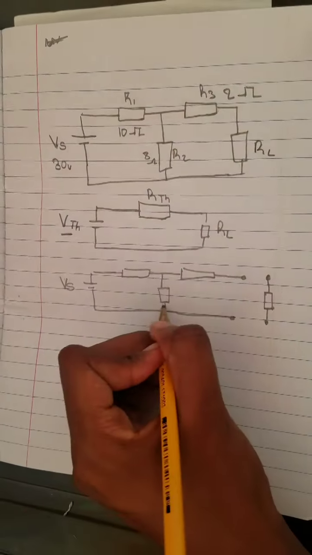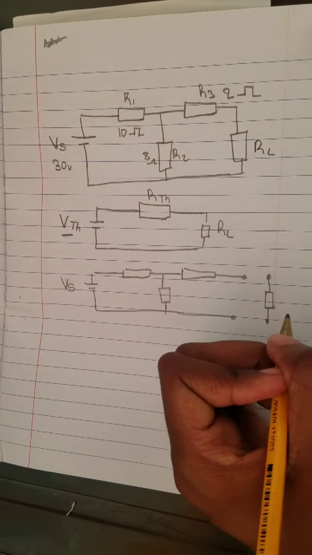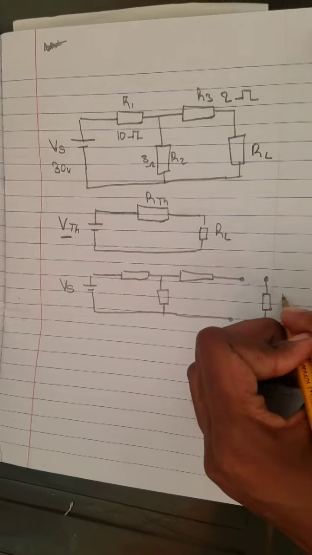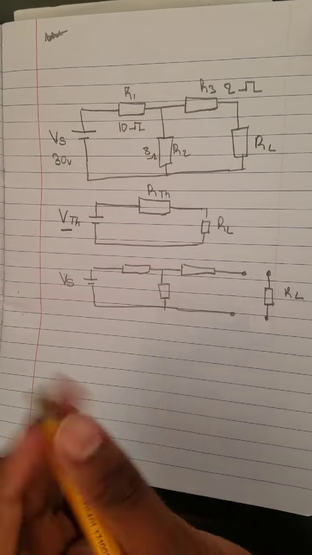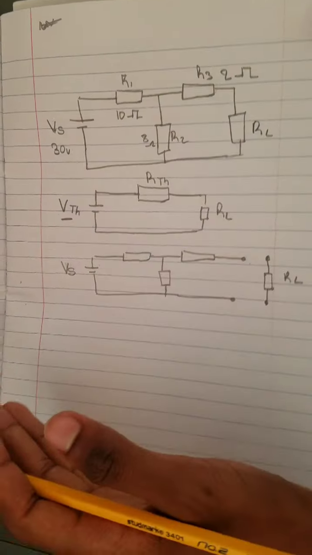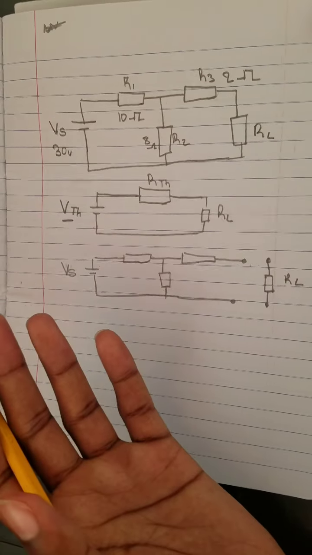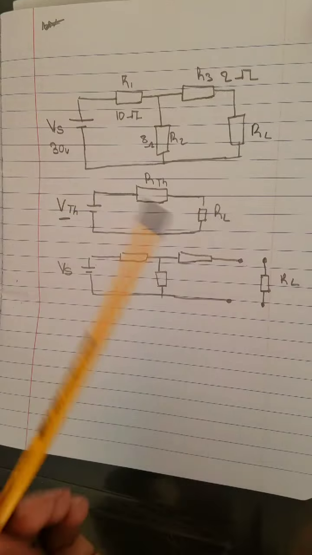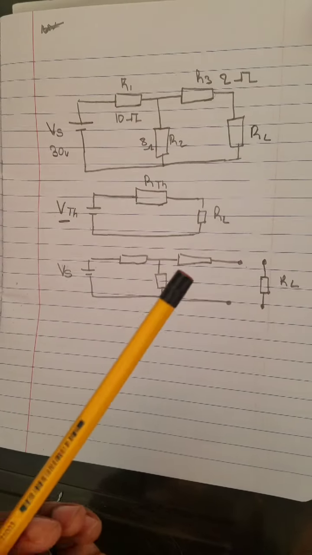That is that. Now since we have done this, we are now past step 1 in our calculation for the Thevenin voltage. If you notice, we have a broken circuit.